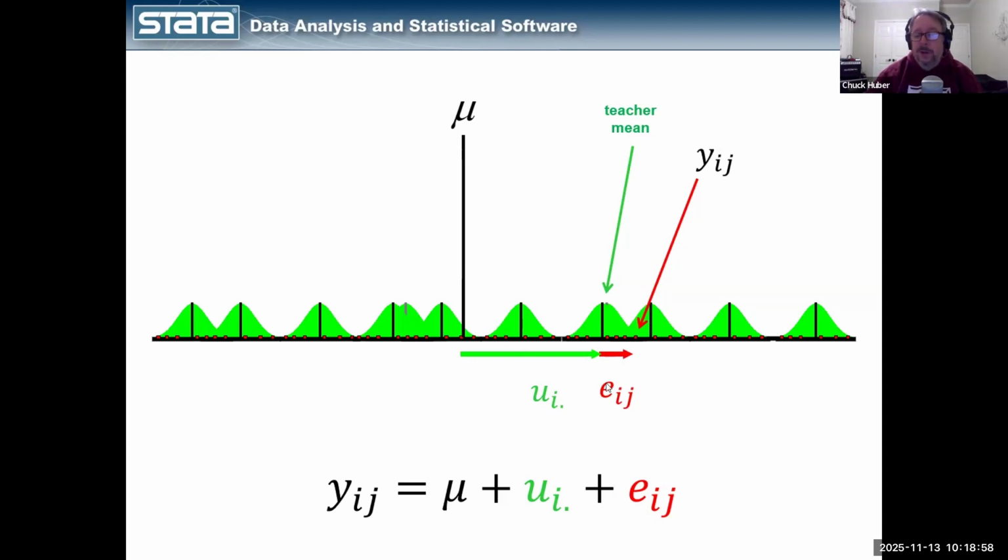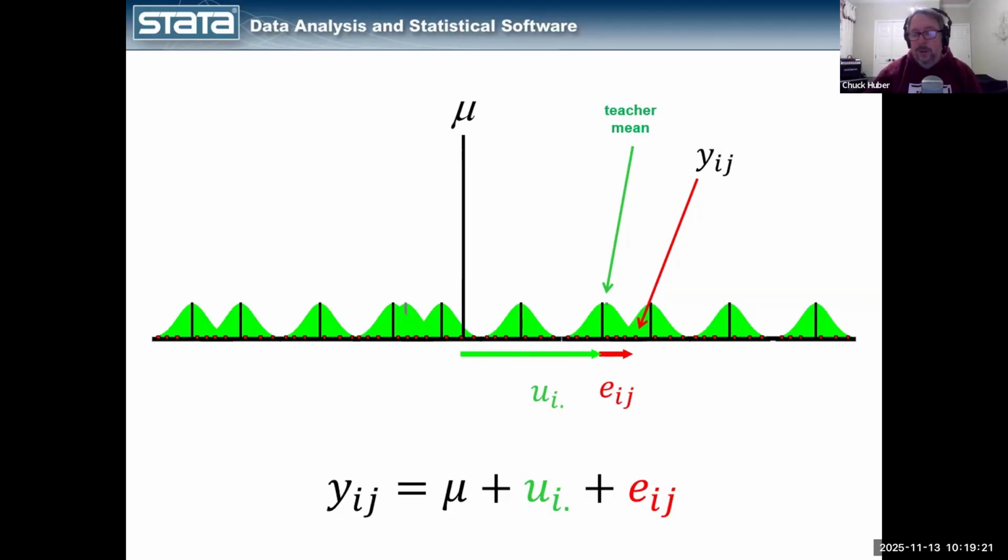Another thing to notice here is that E has two subscripts, i and j, because we're referring to each individual. But the U, this green arrow distance, is the distance from each classroom mean to the grand mean. Because I'm only taking into account each classroom mean, I only need the index i. I don't need the j's because I don't have a separate U for each student.